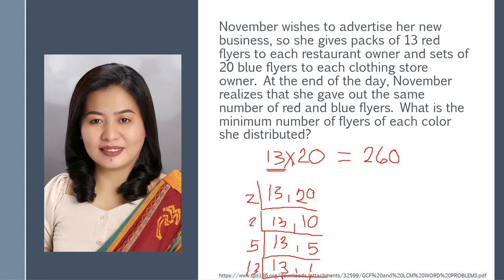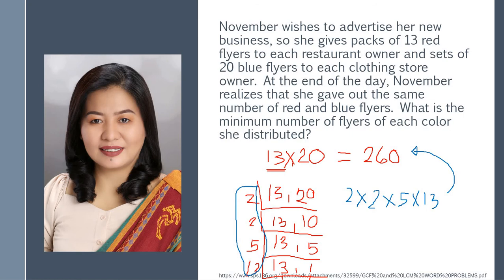So if you can see, we will be multiplying 2 times 2 times 5 times 13. 2 times 2 times 5, that's basically 20. So if we multiply 2 by 2 by 5 by 13, that will still generate exactly the same answer, and that is 260.